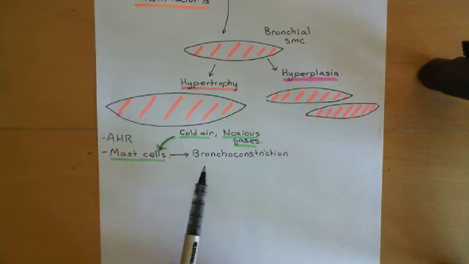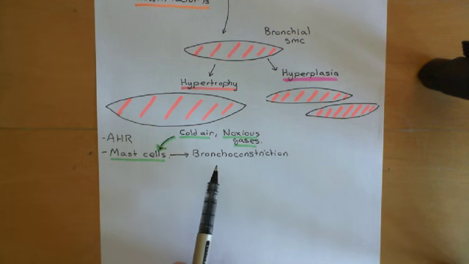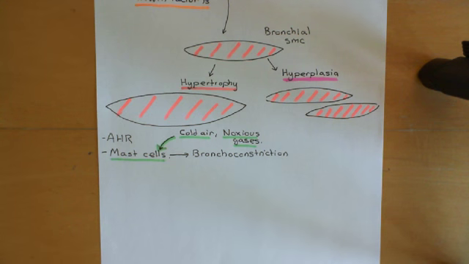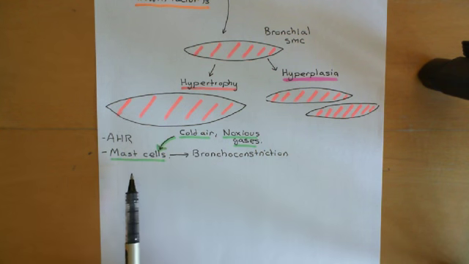The mast cells are then the cells which, once activated, send the instruction to the bronchial smooth muscle cells to contract and therefore constrict the bronchus. So that's how these stimuli can now cause bronchoconstriction in asthmatics, whereas they couldn't cause them in non-asthmatic people.